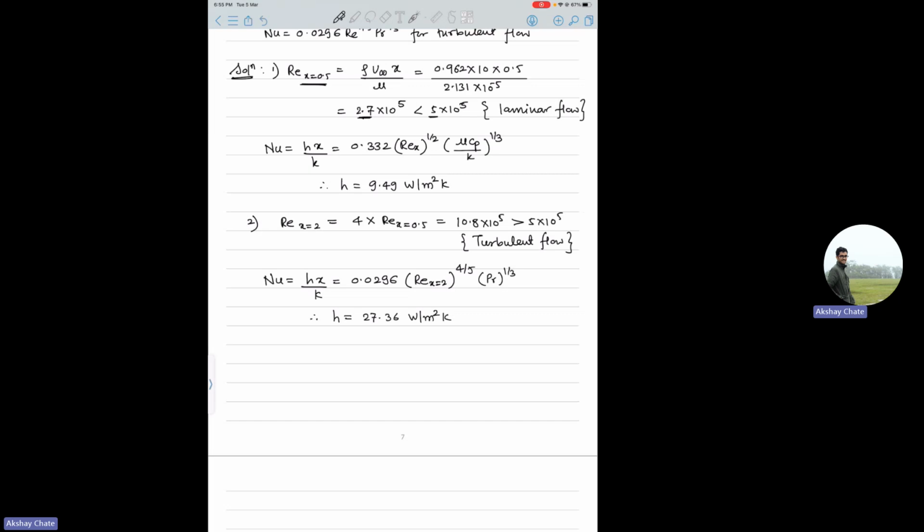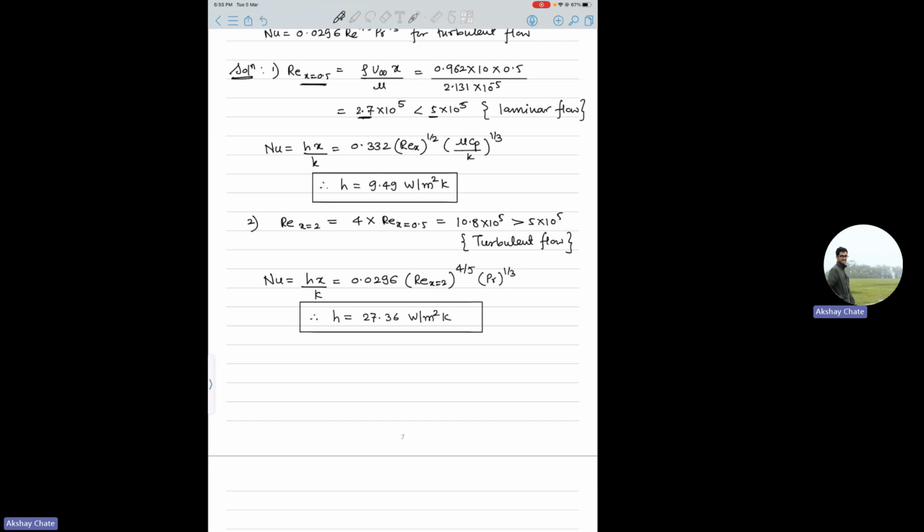You should note one thing. See, in laminar flow, you are getting a heat transfer coefficient of around 9.5, and in your turbulent flow, you are getting it around 27. So that is a typical case actually. In turbulent flow, you'll always get higher heat transfer coefficients. Because in laminar flow the heat transfer is predominantly because of conduction at the interface, and then it is just advected to the bulk of the fluid.